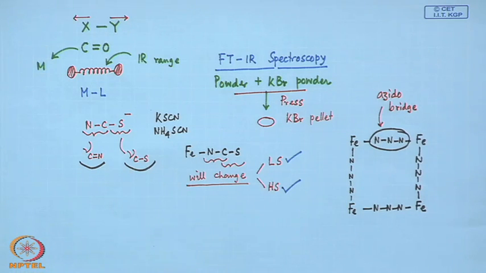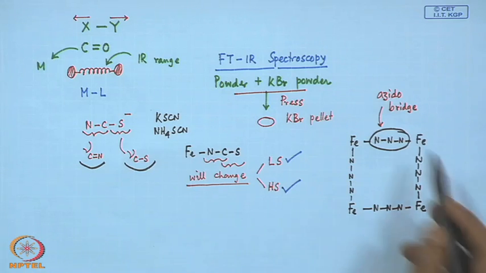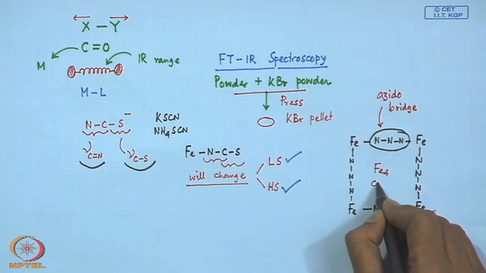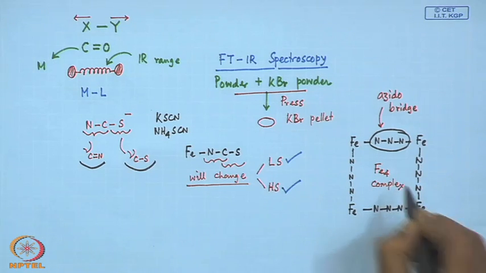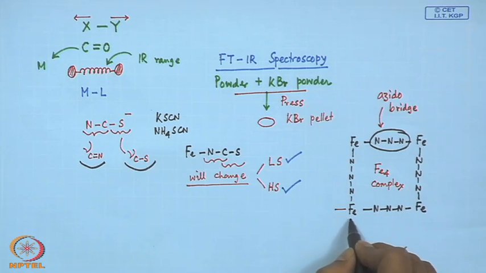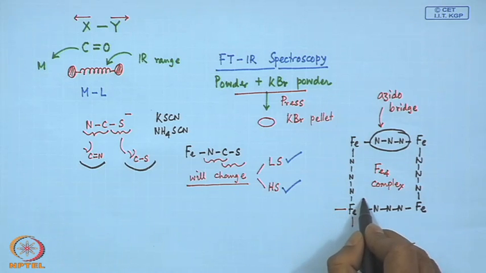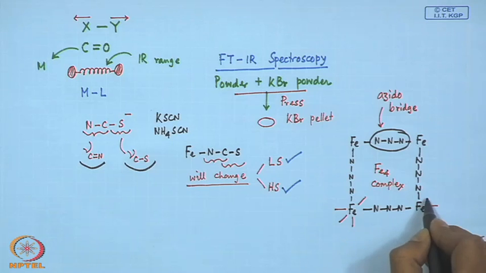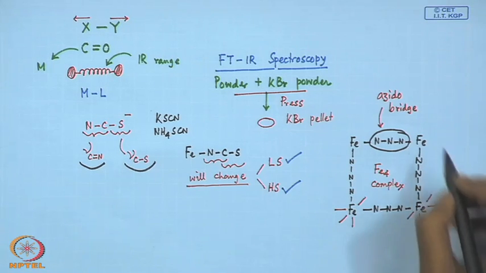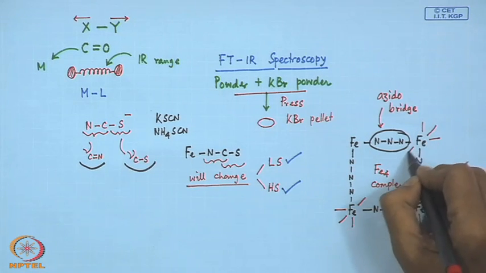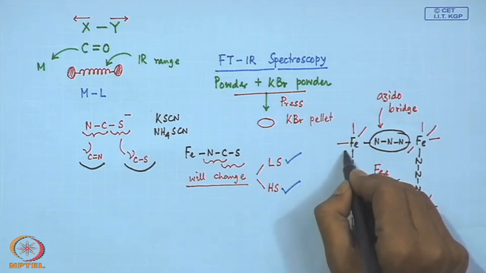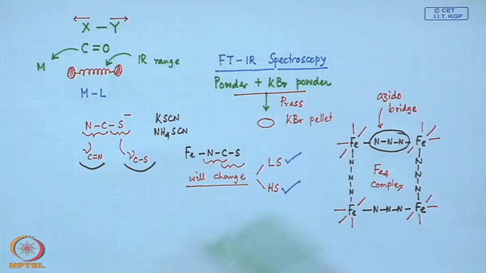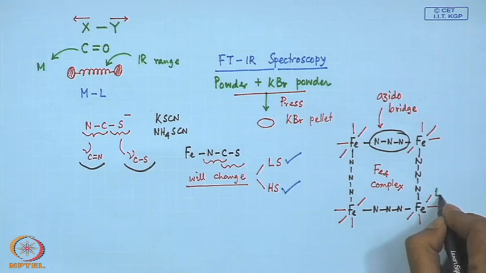When we have this particular connectivity for a Fe4 complex, we can have 4 other free positions, and there we basically place monodentate ligands.